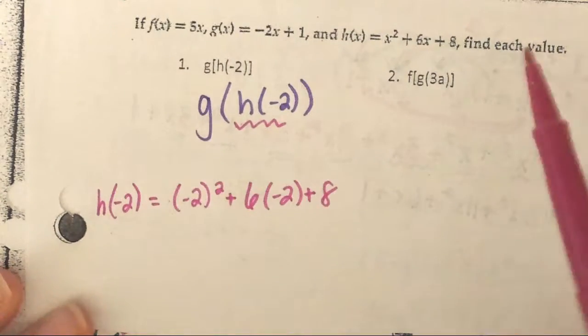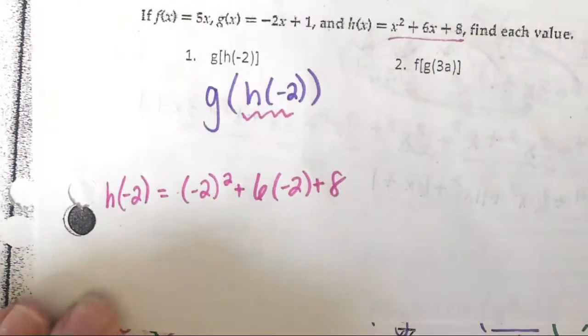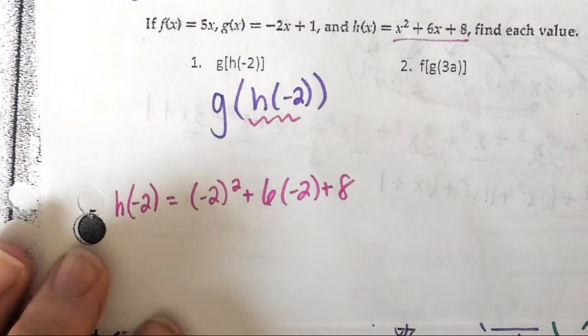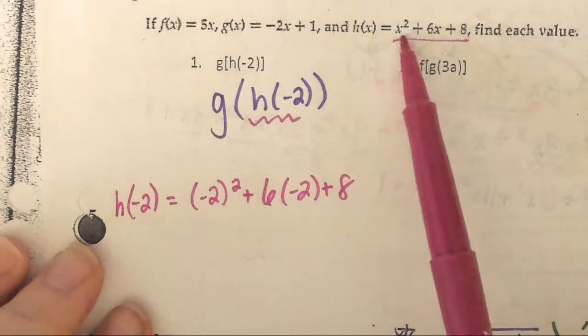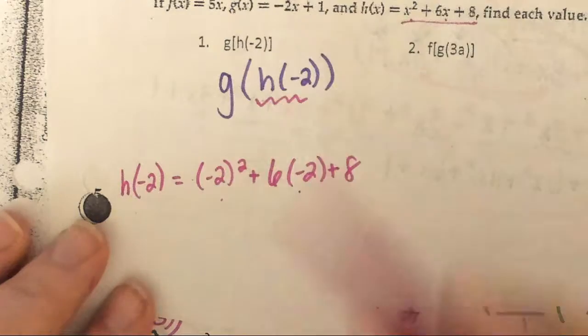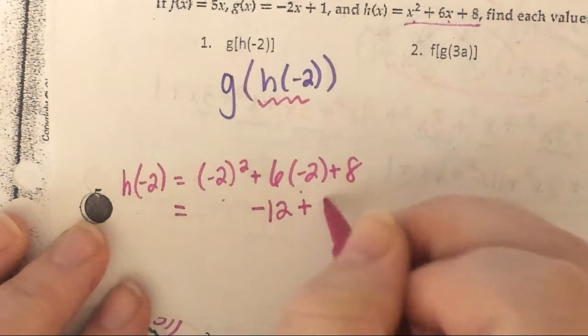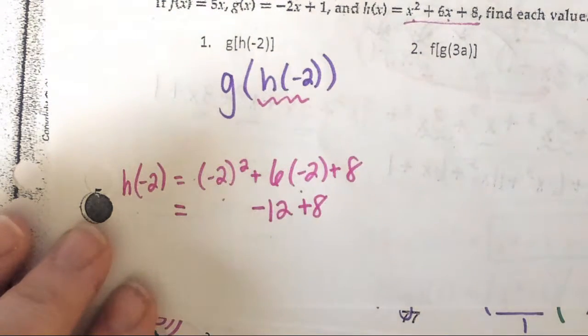Okay, so you looked at h. It used to be x squared plus 6x plus 8. But now everywhere I used to see an x, I put in a -2. And here is where everyone's making their error today. Yes, that's -12. Yes, that's plus 8. But what is -2 squared?